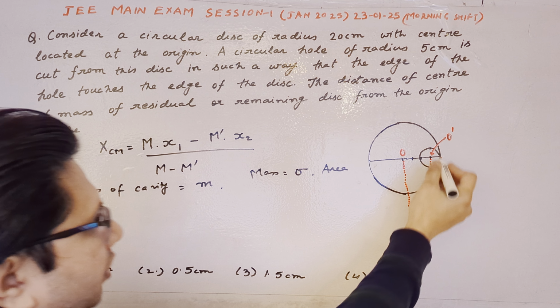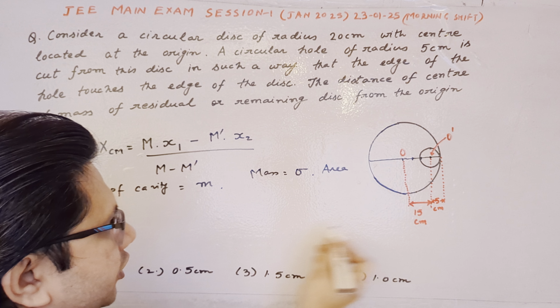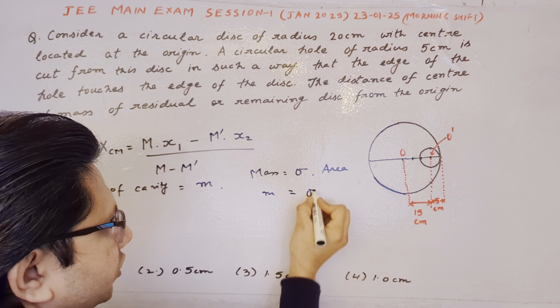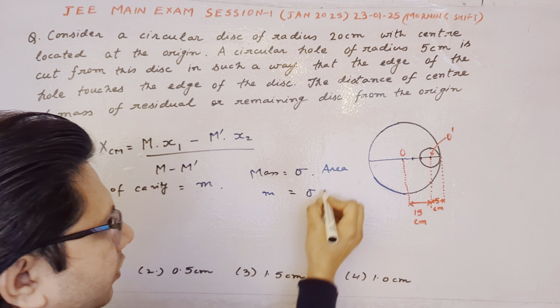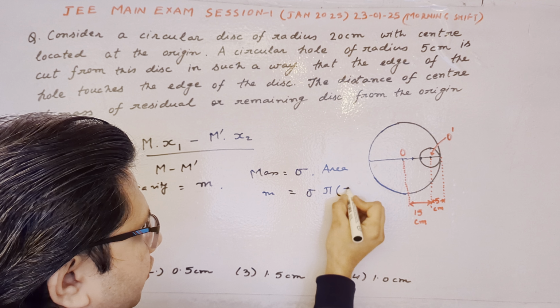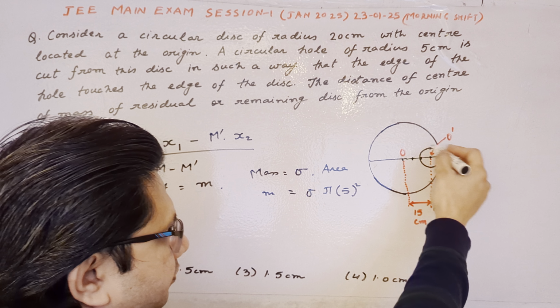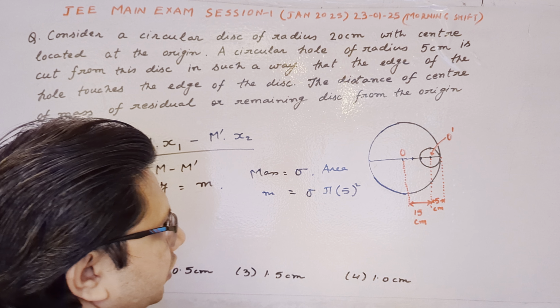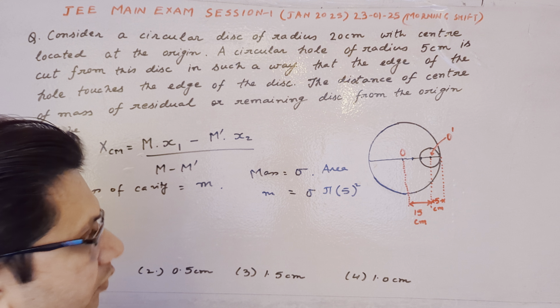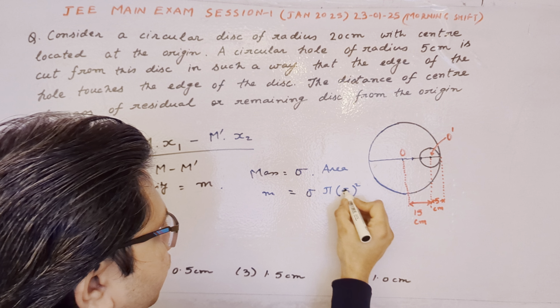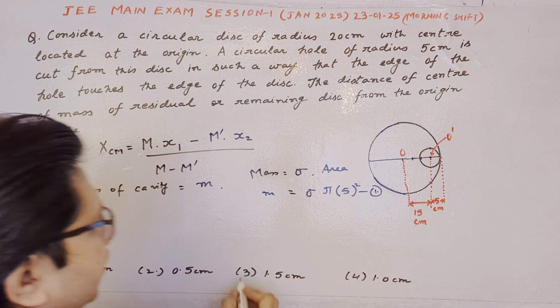So this is equal to sigma times area. Now area is nothing but pi r square, which means pi into 5 square, because the radius of the cavity section is 5 centimeters. So that's why small m equals sigma pi 5 square. This is equation number 1.